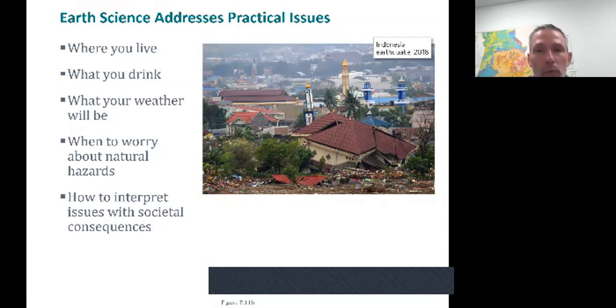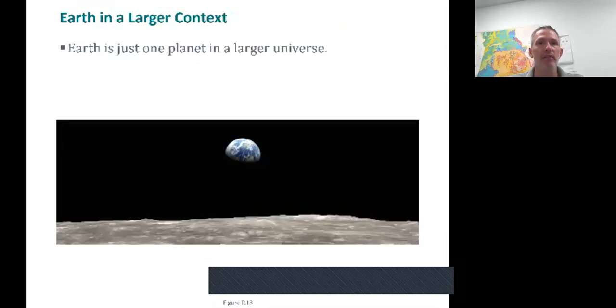There are lots of different news articles that help us understand the social consequences for these different resources. And so there are lots and lots of different ways that we can look at a news story and see how this relates to earth science.